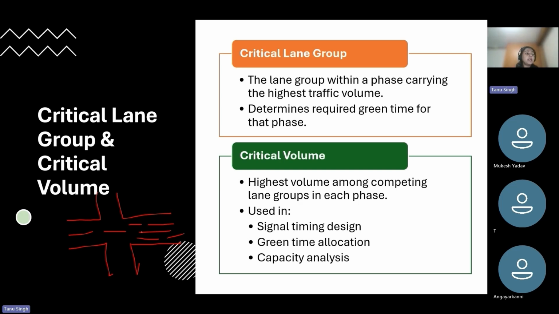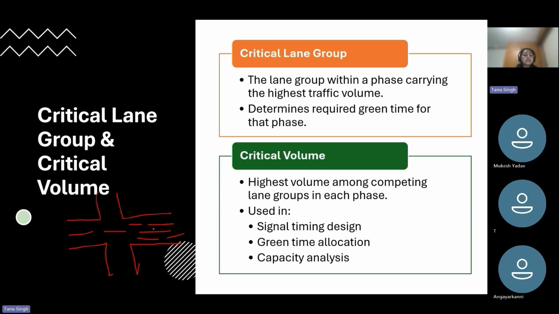So the lane which has the highest traffic volume is termed the critical lane group. Then the traffic volume associated with that critical lane is termed the critical volume. This critical volume determines how much green time is required for that phase.